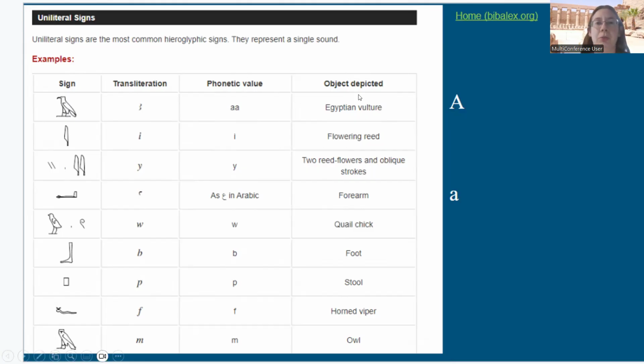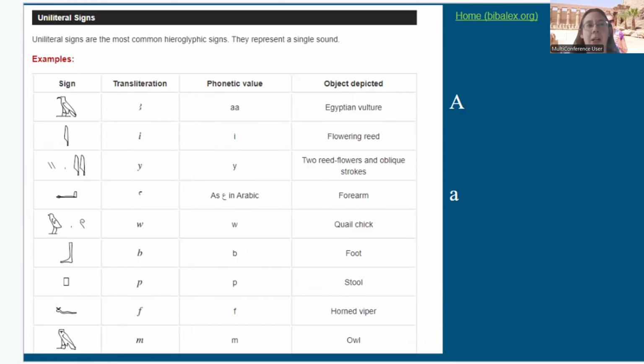And there is a certain order to them. So if you learn hieroglyphs, the recommendation is to learn the unilateral, so the one sound signs, as well as the bilateral two sound signs, and then the trilateral three sound signs in a certain order, particularly because if you then go to a full paper dictionary of hieroglyphs, the dictionary is organized according to a certain order.